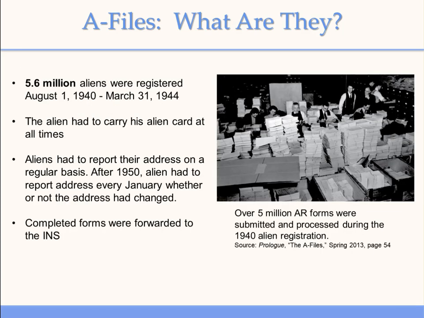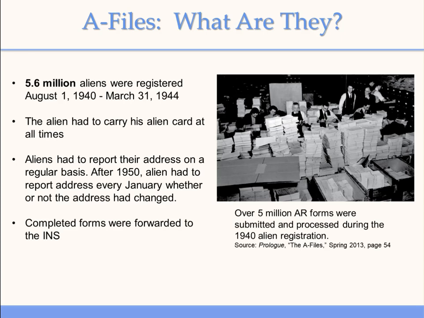5.5 million aliens registered between 1940 and 1944. This picture came from the National Archives. Look at that paperwork. Over 5 million alien registration forms were being processed. The alien had to carry a small card with his identification on it at all times, like we carry our driver's license today. Every year they had to report their address.